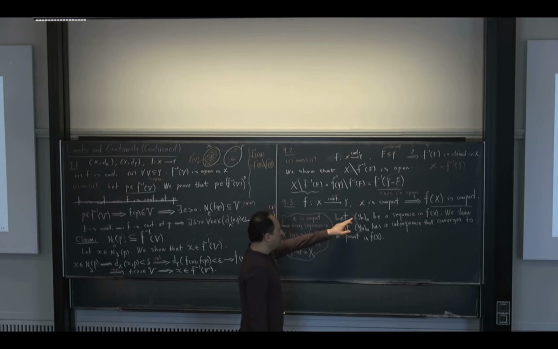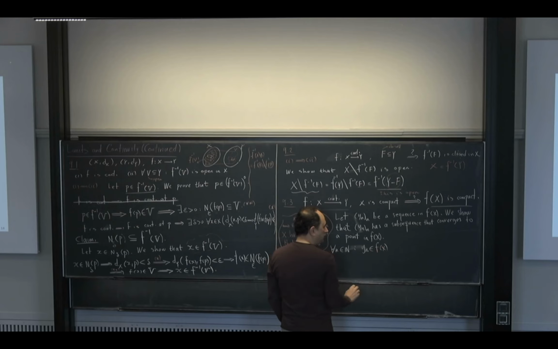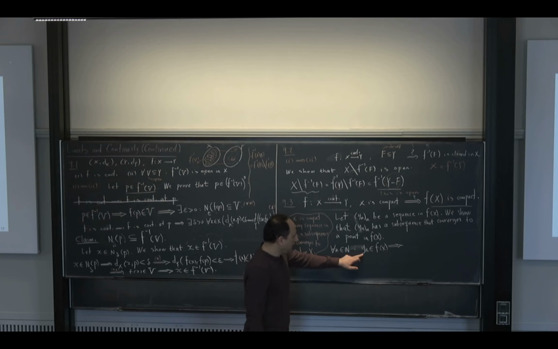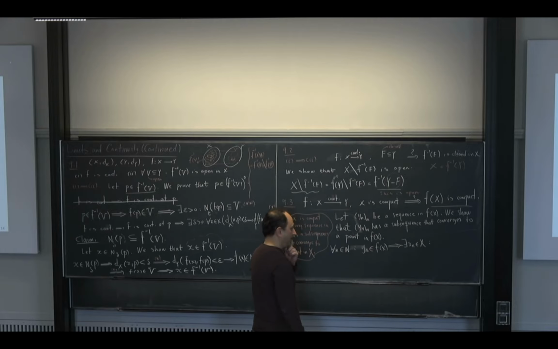Okay, so now what do I have? So for every n, because this is a sequence in f of x, can you tell me what happens? For every n, we know that Yn belongs to f of x. What does it mean? Because Yn is in the image of f acting on x, it means there exists an element in x such that, complete it for me.